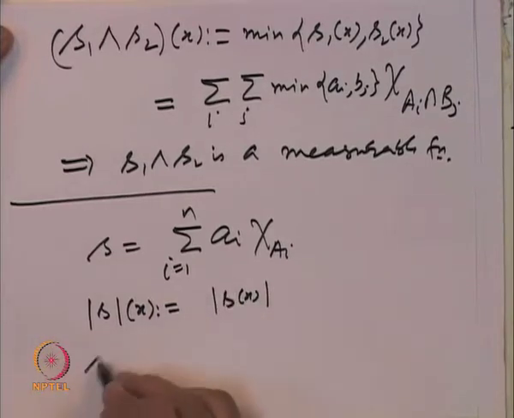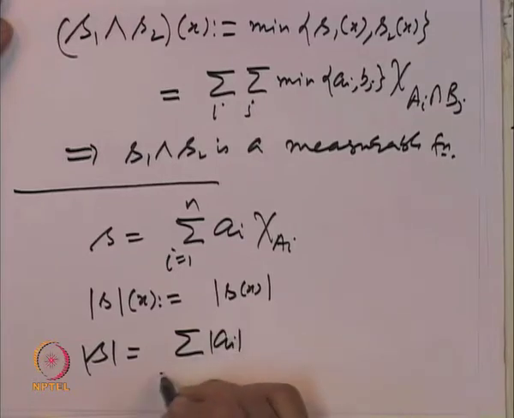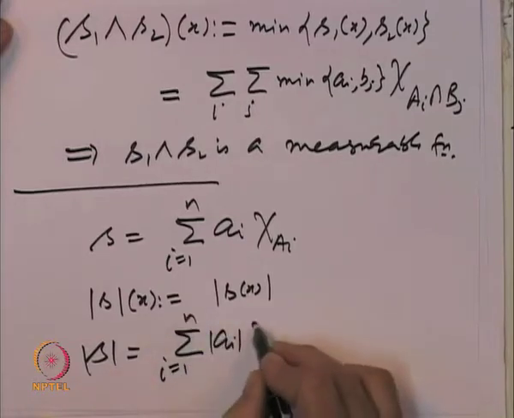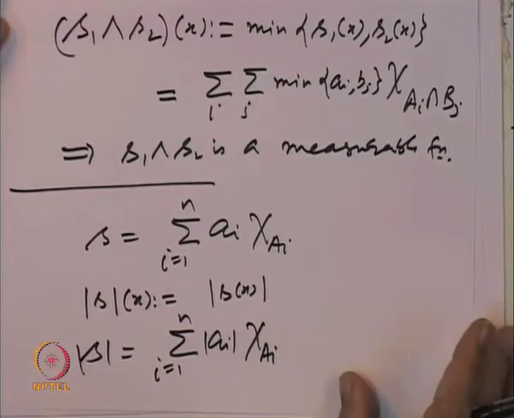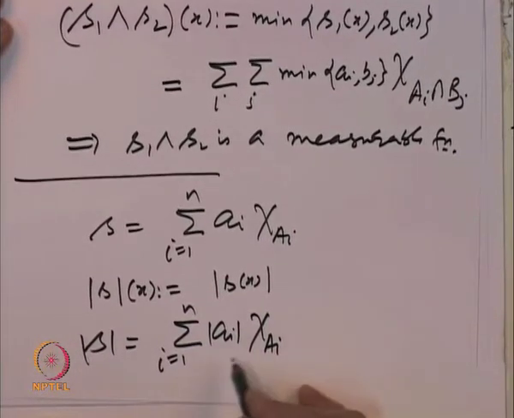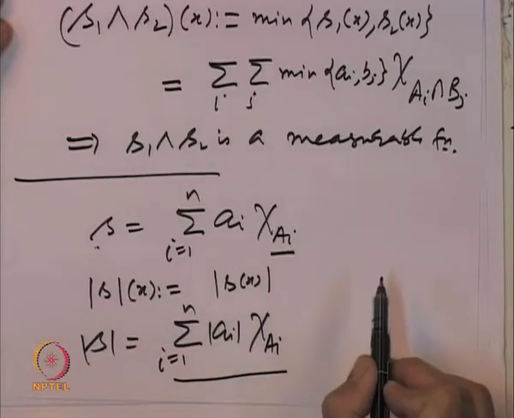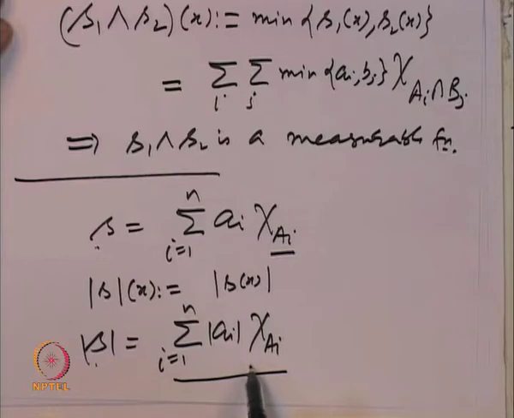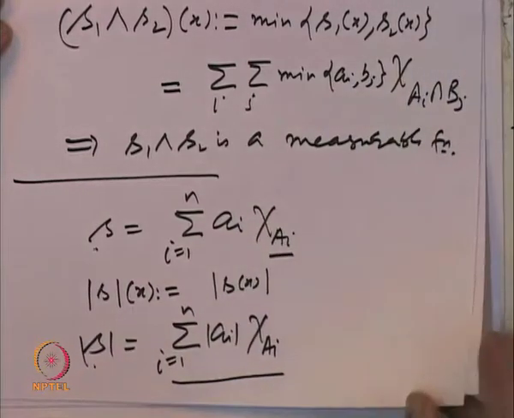So mod S is nothing but sigma mod of a_i, i equal to 1 to n, times the indicator function of A_i. So this also is measurable, because if S is measurable, each A_i is a measurable set, and mod S is a linear combination of indicator functions of sets which are measurable.